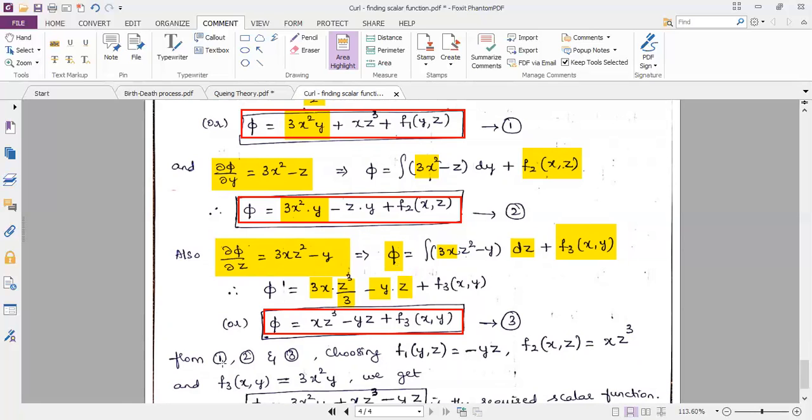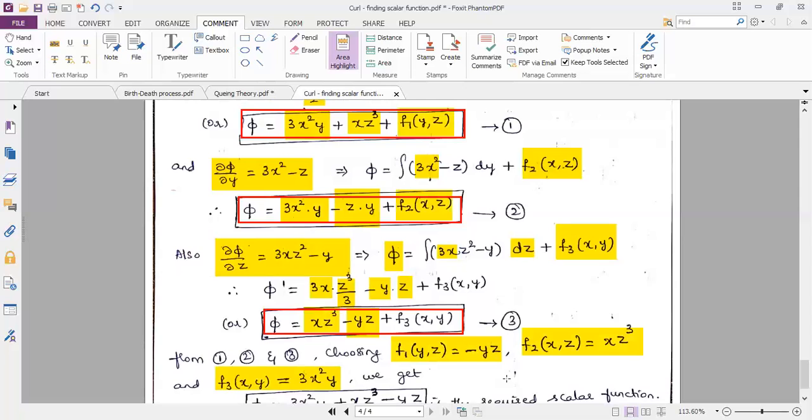So we choose f3 as 3x²y. Similarly, xz³ exists in equation 1 and equation 3 but is missing in equation 2, so we choose f2 of x comma z as xz³. Lastly, in equations 2 and 3 there is a product minus y into z, which is missing in equation 1, so we choose f1 of y comma z as minus yz.